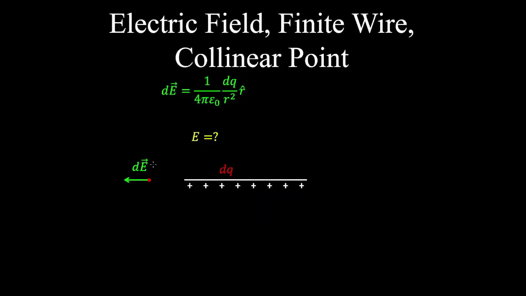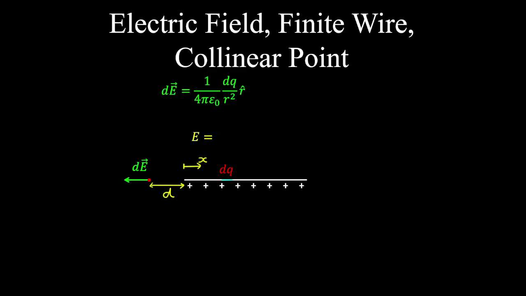Let's determine the electric field at a collinear point that's at some distance d from the end of the wire. So if we take our x direction as follows, and our differential element of charge, we can see that the electric field is going to point to the left, so radially from the charge.